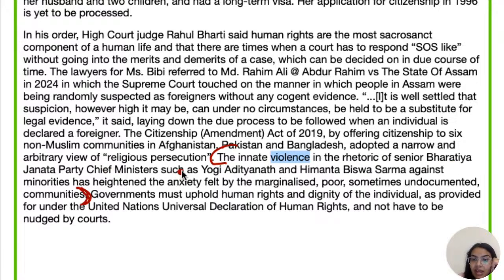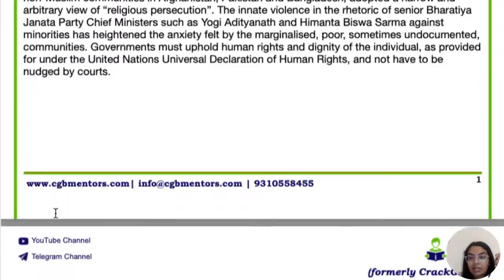Violence in where, such as what all, the violence has heightened. That's my subject verb agreement part.